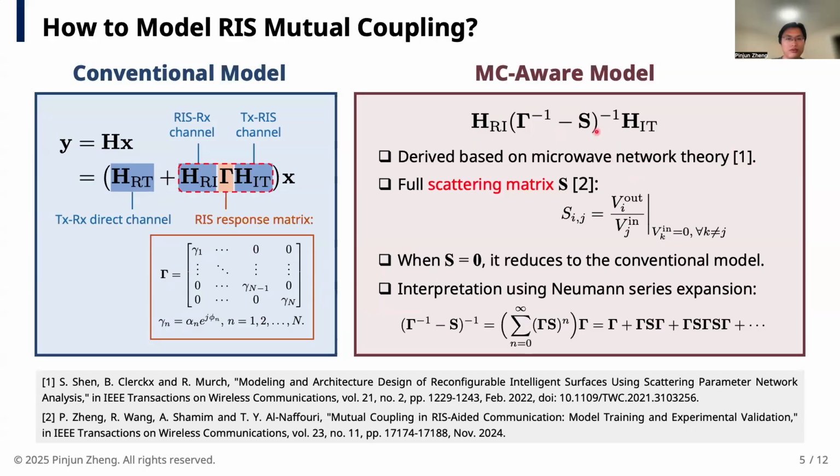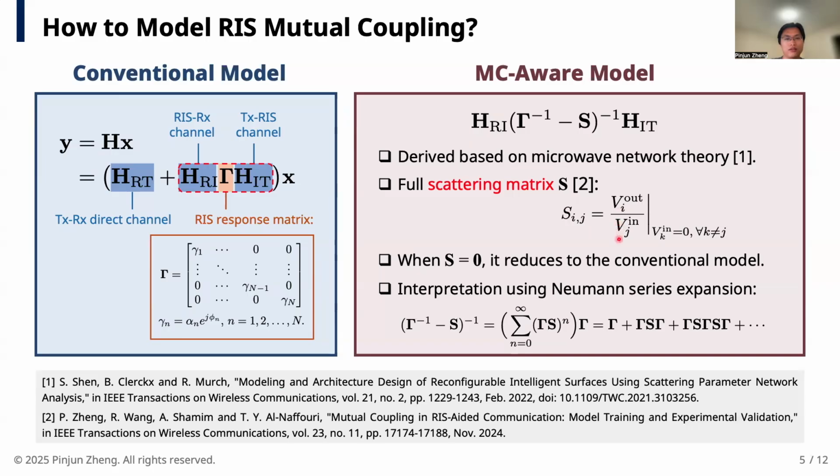Then you'll find a new component here, the matrix S, which is called the scattering matrix. Each of its entries, S_ij, denotes the mutual coupling, or S-parameter as we call it, between the ith element and the jth element. It's defined in this way.